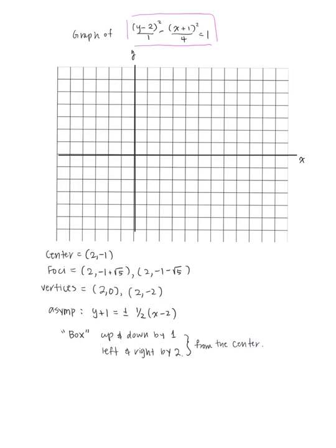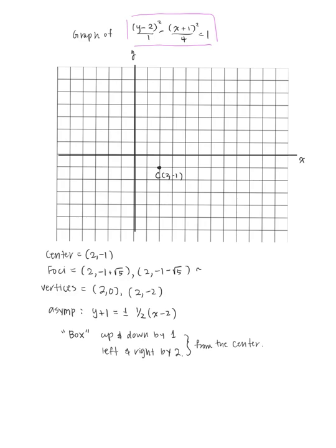All right, so on this page, I just inserted the graphing paper and then I just rewrote what we just found out, so I don't have to go back to the previous page. So let me just start plotting some points here. So the center is at 2 comma negative 1. And our foci are going to be 2 comma negative 1 plus or minus square root of 5. The square root of 5 was approximately 2 point something, so 2.2 or something like that.